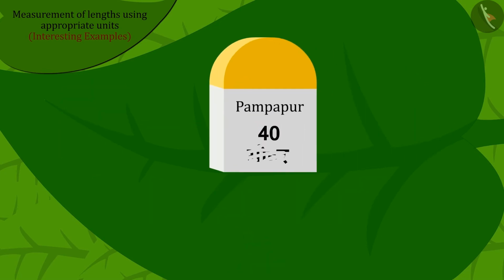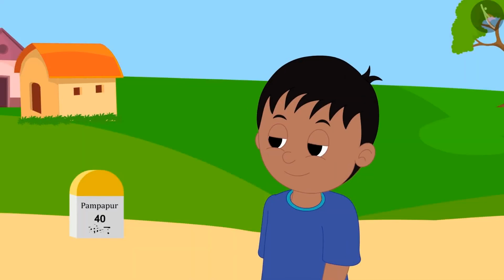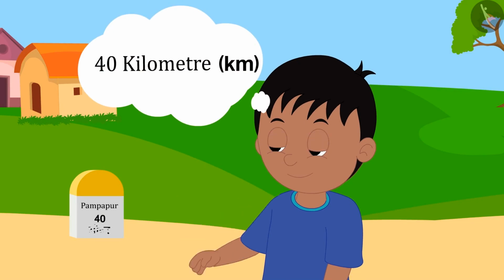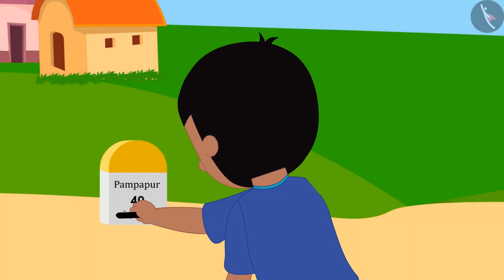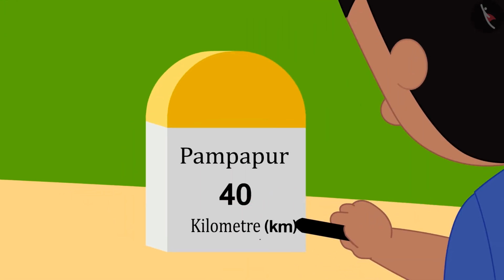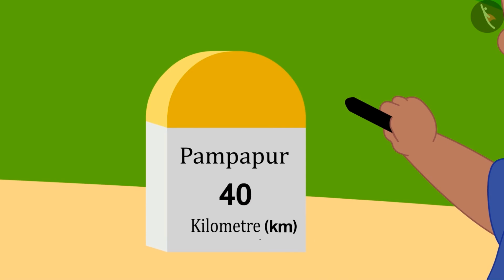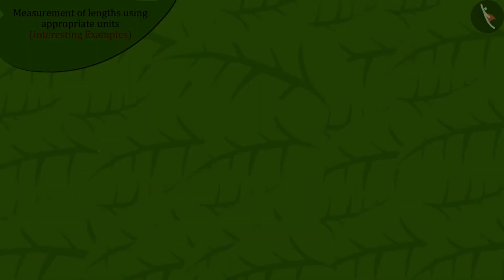Hence, the distance from there to Pampapur will be 40 kilometers. Raju found the right answer with your help. Then, he took a piece of coal and wrote 40 kilometers in this way and returned to his home.